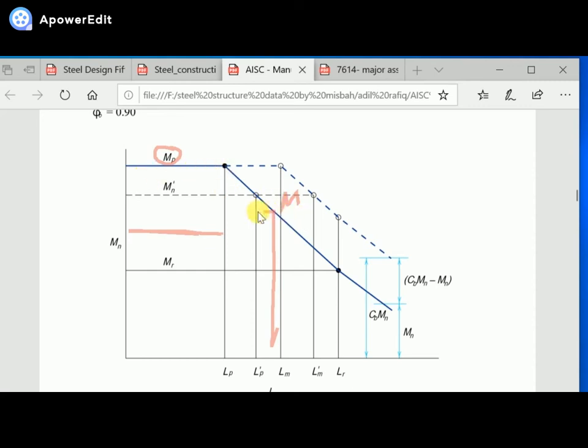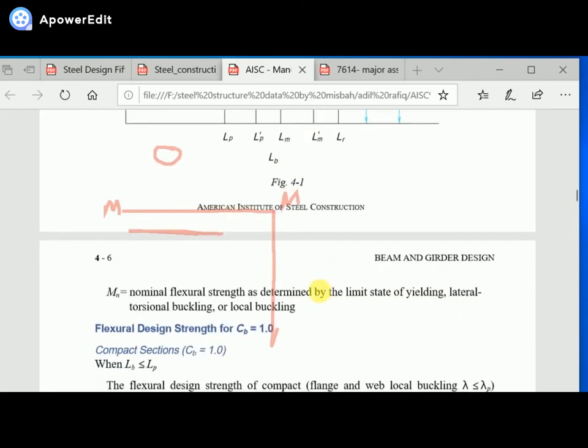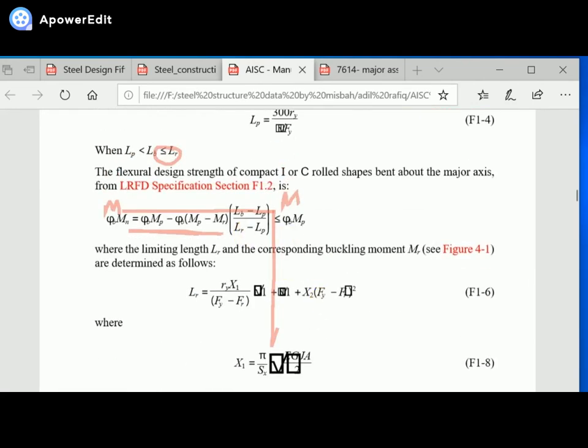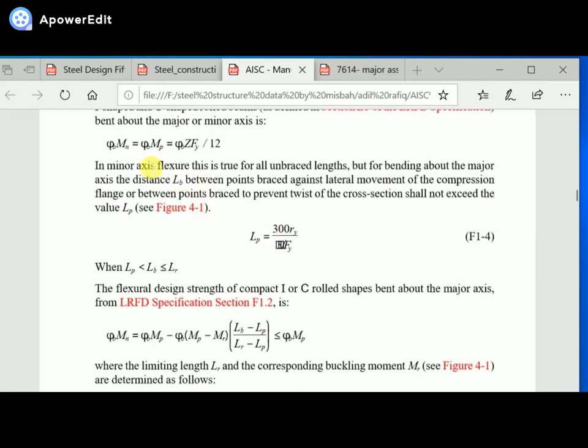So here you can say MA, okay. Now this is interpolated because it's a straight incline, okay. You will use this formula, but this will be less than phi b MP, meaning you have to check this equation as well, and in the second zone your strength must be less than this one, clear.